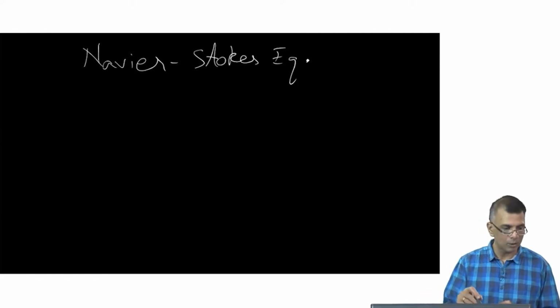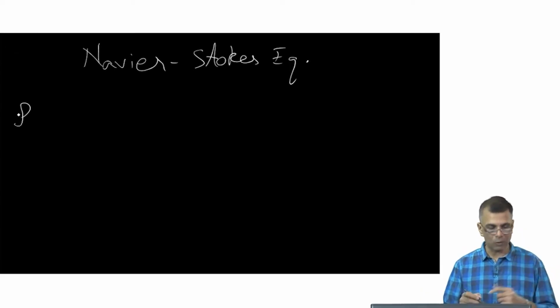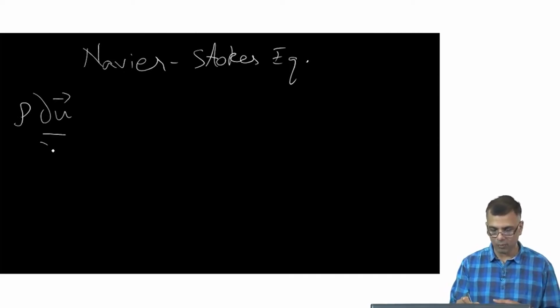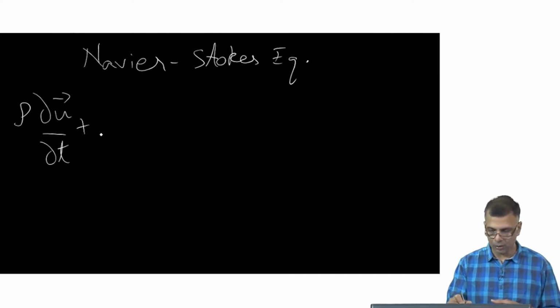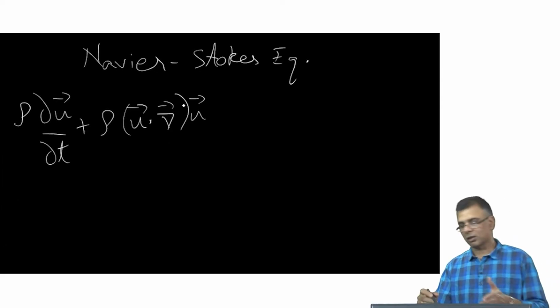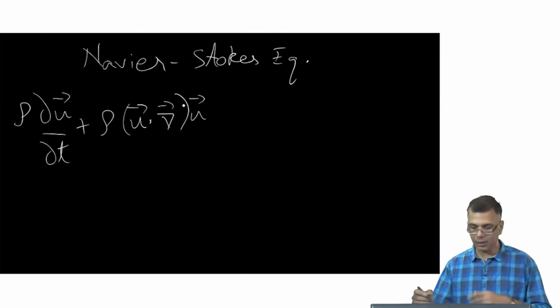Again in lab coordinates, in the Eulerian frame, plus u dot del, this is the usual thing. And instead of writing the pressure term, the gradient of pressure, on the right hand side with a negative sign, I choose to write it here.